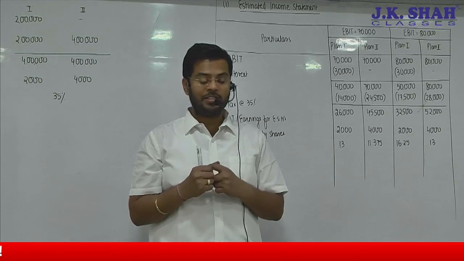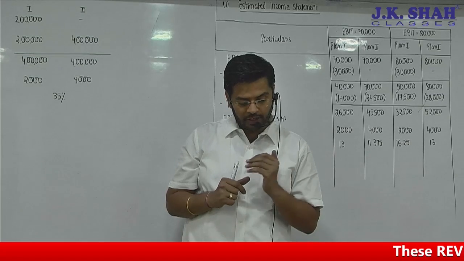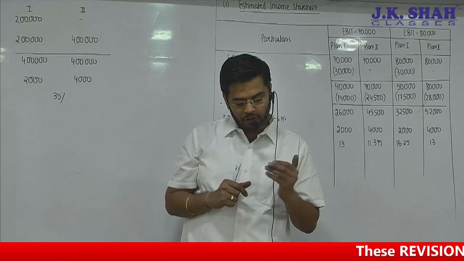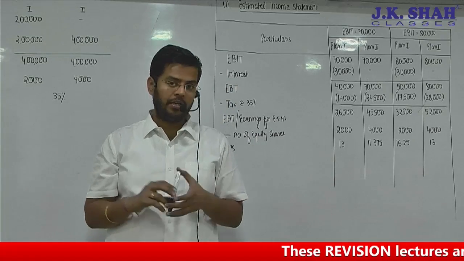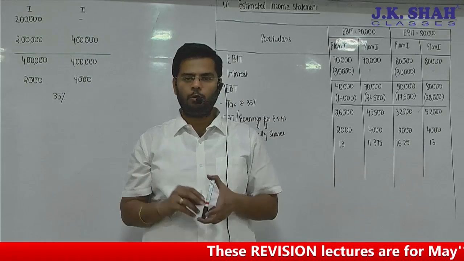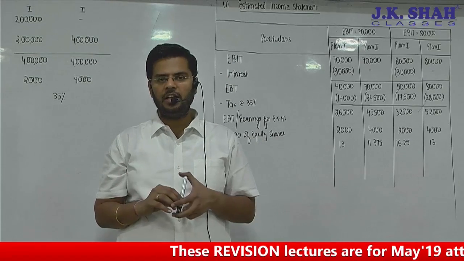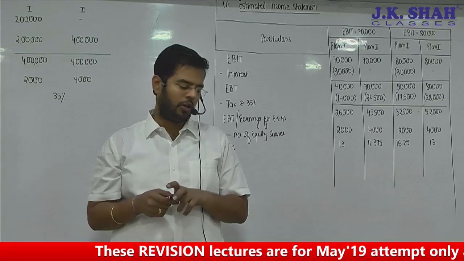Second, now the second point says compute the indifference point for the two financial plans and also verify the same. Okay, so let's understand this concept now. Compute the indifference point, the indifference level, and also verify whether your indifference level calculated is correct or not.